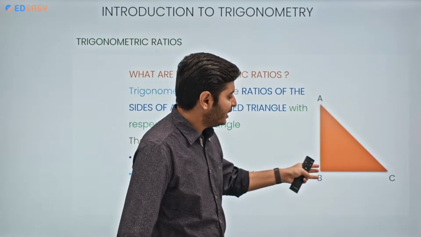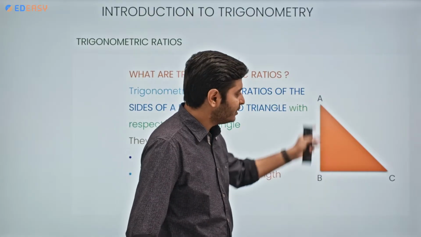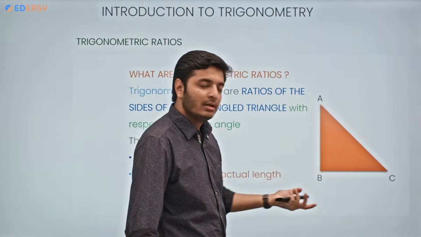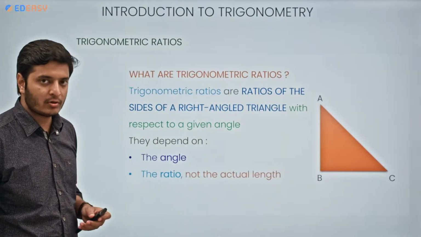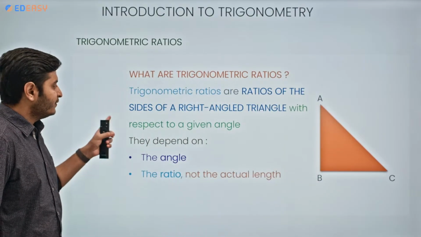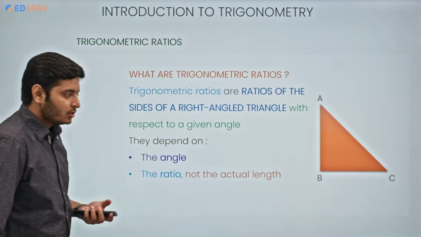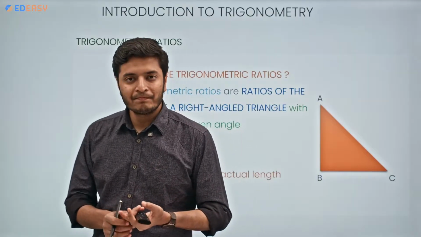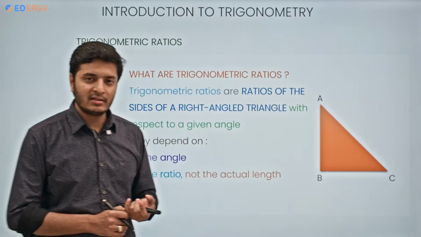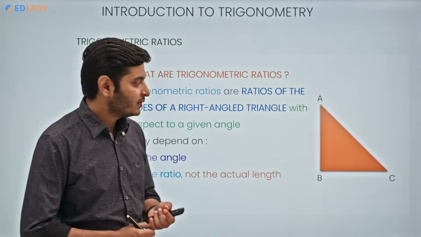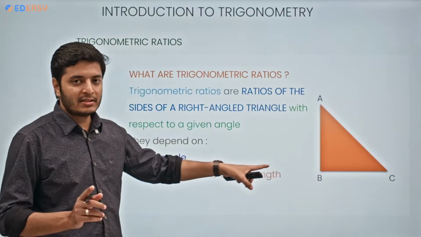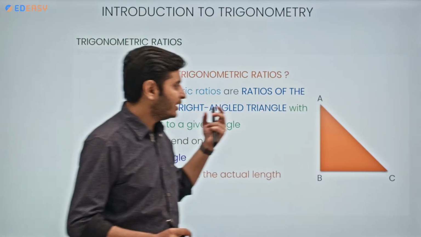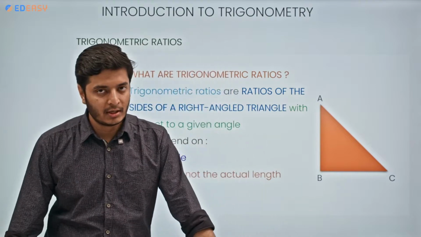So it can be AB by BC, AB by AC, BC by AC, like that, or reciprocals also. Now, with respect to a given angle, depending on that angle, we can have different base and different perpendicular, correct? Depending on different base and different perpendicular, we can have different trigonometric ratio values.